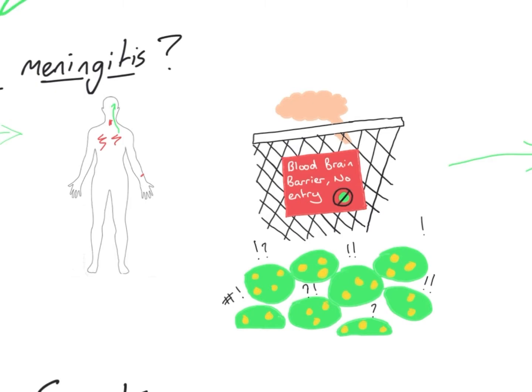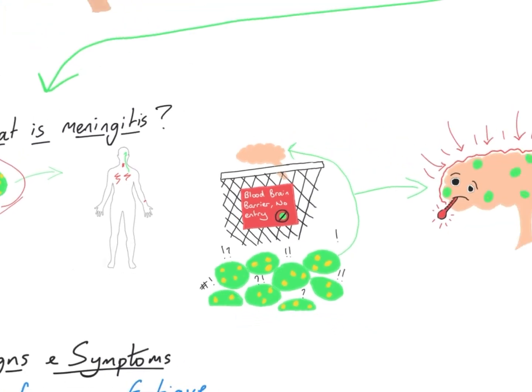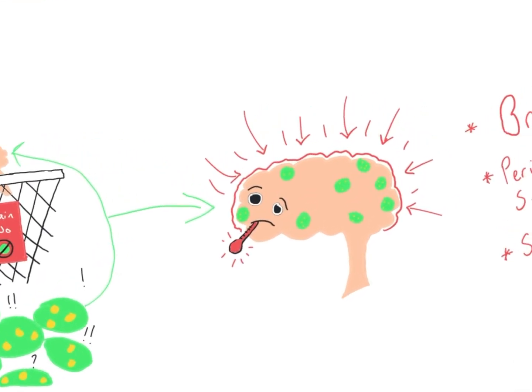Now, with meningitis, for whatever reason, one of these bacteria has managed to slip the net, get around the fence, if you like, and start getting into those three linings of the brain, the meninges. So what we get from there is a poorly brain.